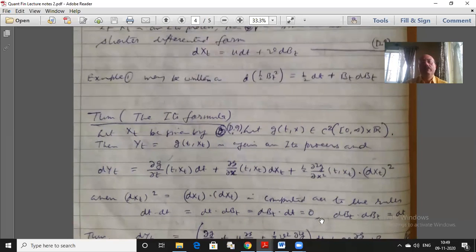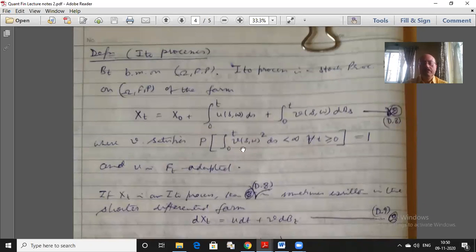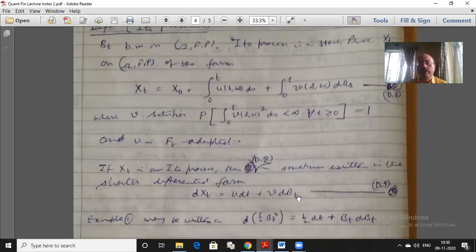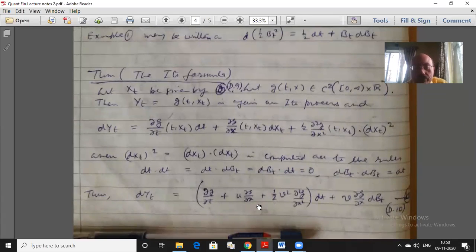So what we have done is we have looked at a particular kind of process, which is a sum of two integrals or sum of two types of differentials. And we have this very useful result that this form is closed under integration or differentiation. In fact, it works both ways.